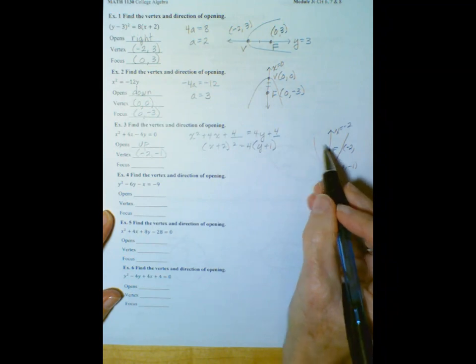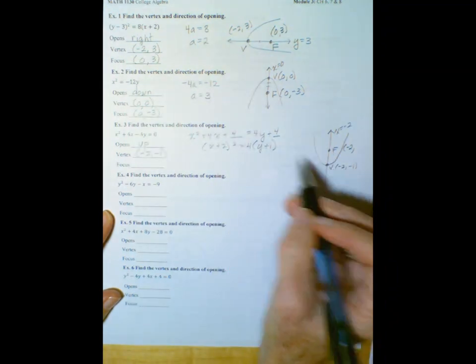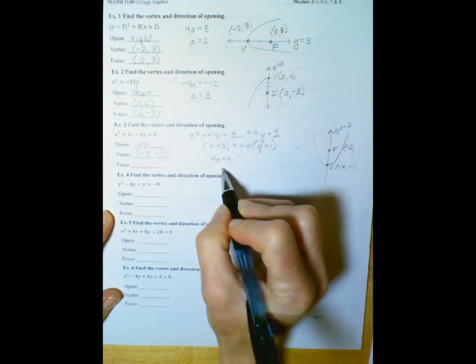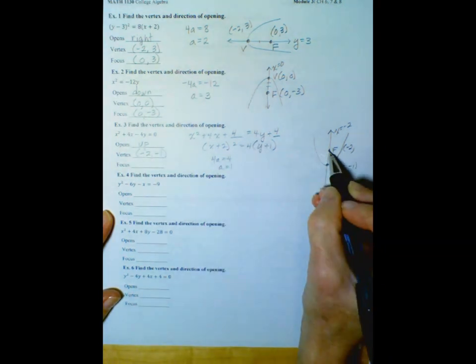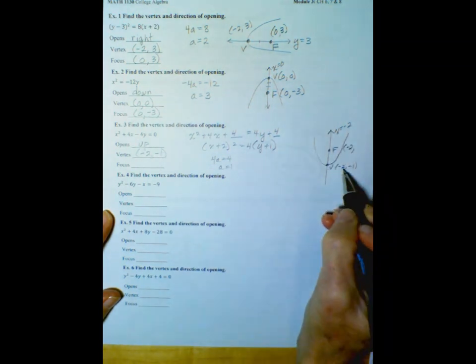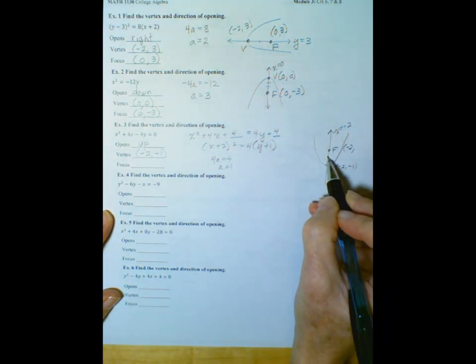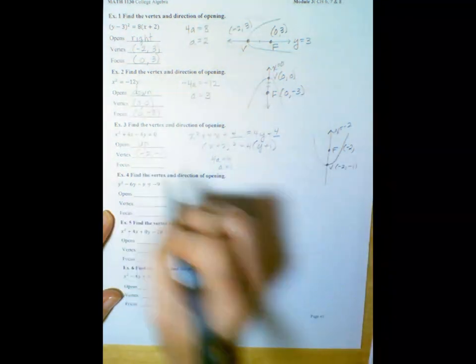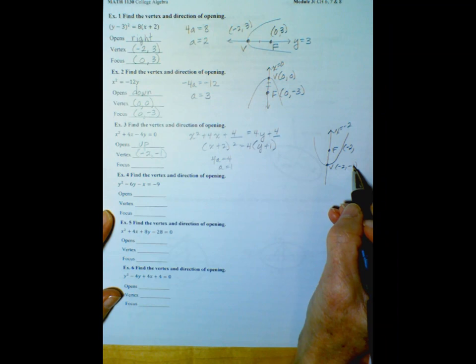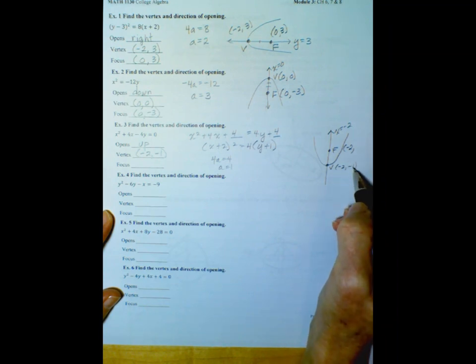But now the focus. How far away are they? So 4a is equal to 4. That's all that's right there. So a must be 1. So that's 1 unit away. It will be up because this opens up. So I go from -1 up 1.